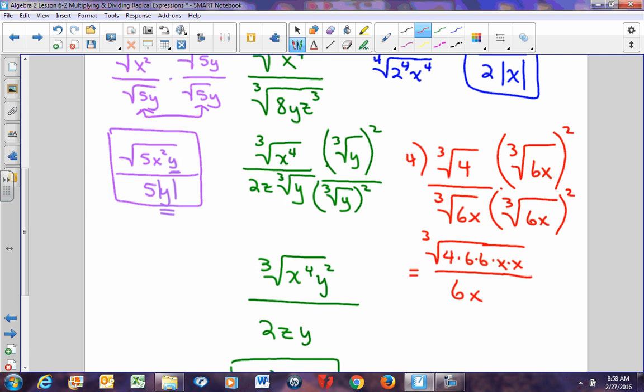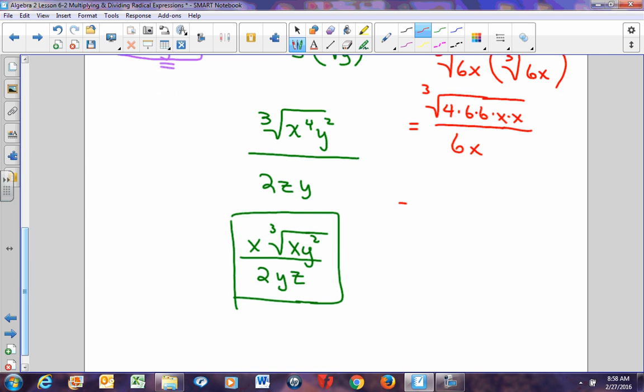Okay? Because now if I look at this, 4 is 2 times 2, 6 is 2 times 3. I need cube roots of these things, so I need 3 things to take out 1. Okay? So I have 3 twos I can take out, and that's it. So I can take out a 2.